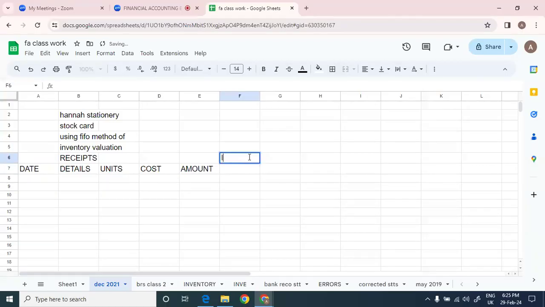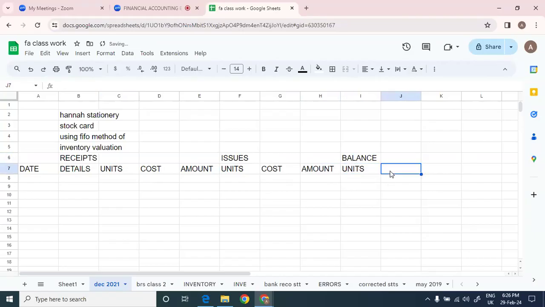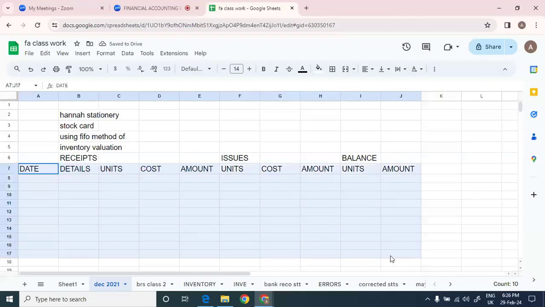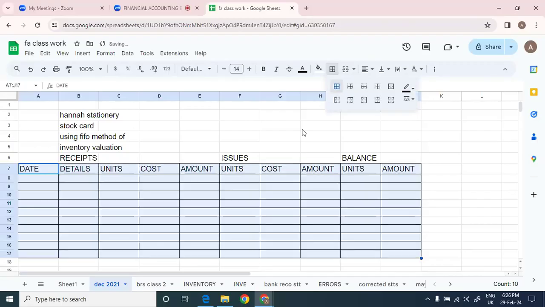The second thing, we shall have issues. These are the things that are coming out of the stores. Still, we shall have these ones. From there, we shall have what you call balance. Under balance, we shall have units and the amount. After we draw our small table, because I've seen the question is brief, then we can start.